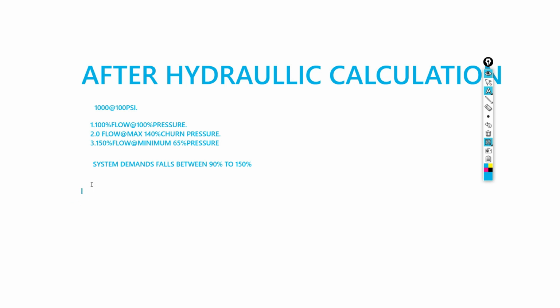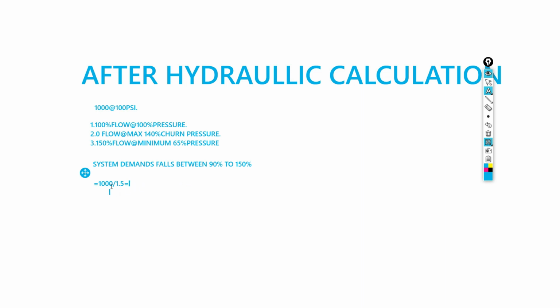Okay, so what GPM do we require? 1000 GPM. So here 1000 GPM divided by 1.5, which means 150%, less than 150%, that's why I divide; otherwise we would have to multiply if it were mentioned as more than 150%.